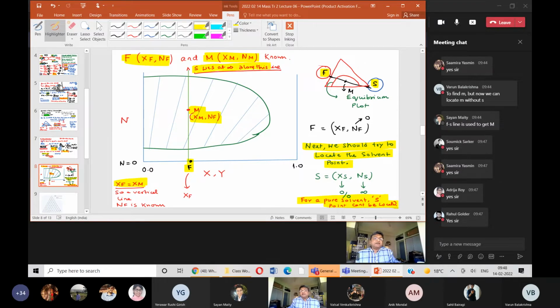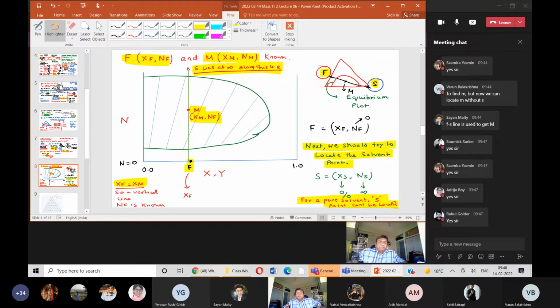In fact, the major difference of an NXY plot versus a triangular plot for a pure solvent is that you cannot locate the point S on the graph. I again request all of you to kindly go through the whole derivation once back and forth. Please feel free to consult Treybal's book and things will be absolutely clear.